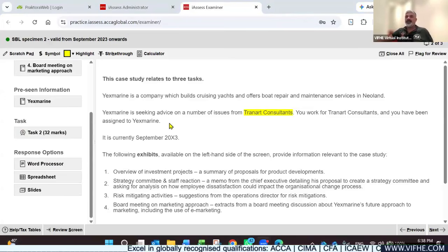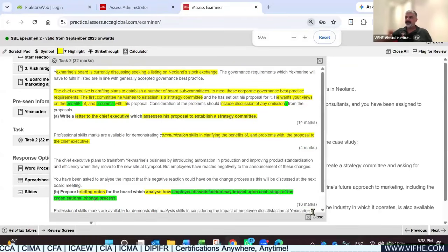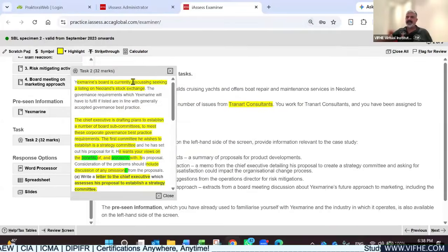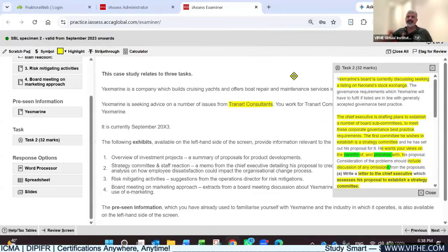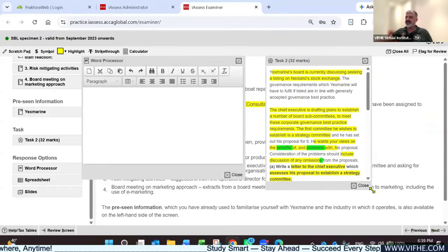Now, can we open multiple windows at the same time? Yes. For example, I open this task. This is one window. I can resize it, and I open the word processor also. I can have them together.